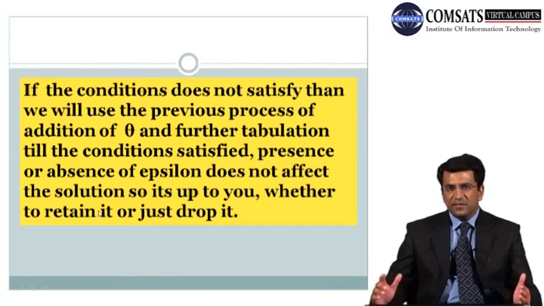Then we faced another situation in this problem: at the very first stage we were not able to calculate the values of the u1, u2, v3, v1 and v2 variables. So we added epsilon in one of the relevant cells in order to convert the non-basic cell into a basic cell. Now why do we do that? Because of fulfilling the condition of m plus n minus 1. So by introducing that epsilon in that cell, you see that we were able to calculate the values of all the u and v variables.